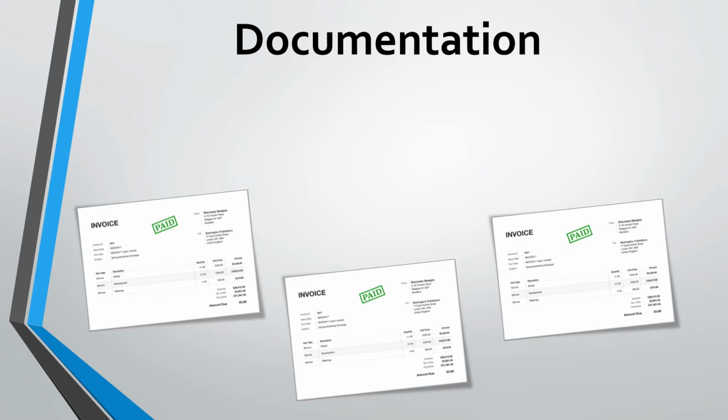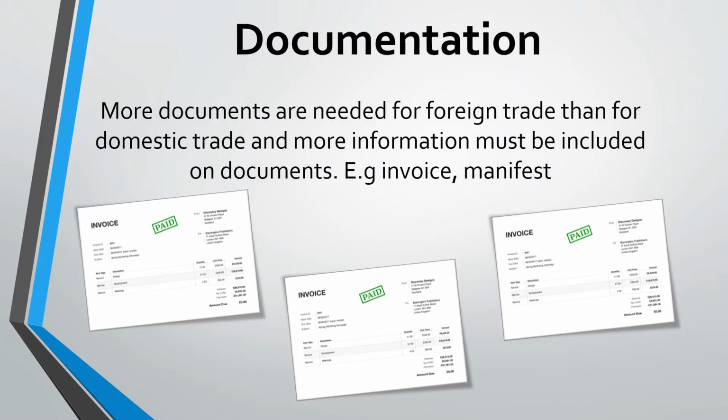The first problem associated with international trade is documentation. Documentation is needed for trade, but when you engage in international trade, more documents are needed than would be needed for domestic trade.